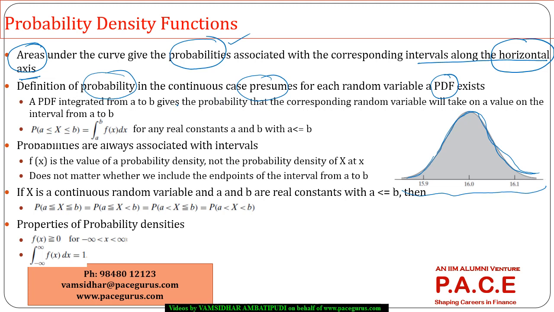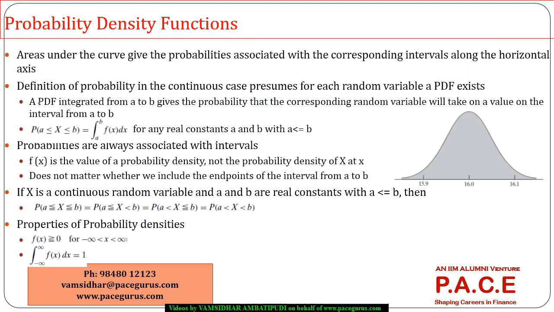So wherever I have to define the probability in the case of continuous variables, I assume that for each random variable a probability density function exists. And once I have my probability density function, in order to get the probability of a particular range, because we have already discussed that the probability of one single value, one single point in the continuous case, is 0.